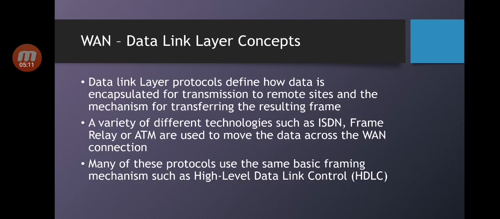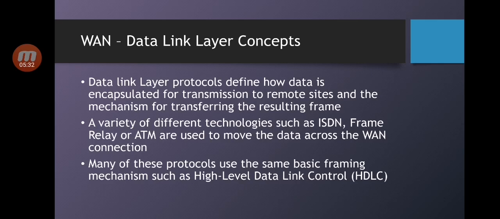The data link layer defines how data is encapsulated for transmission to remote sites and the mechanism for transferring the resulting frame. A variety of different technologies such as ISDN, frame relay, or ATM are used to move data across WAN connections.